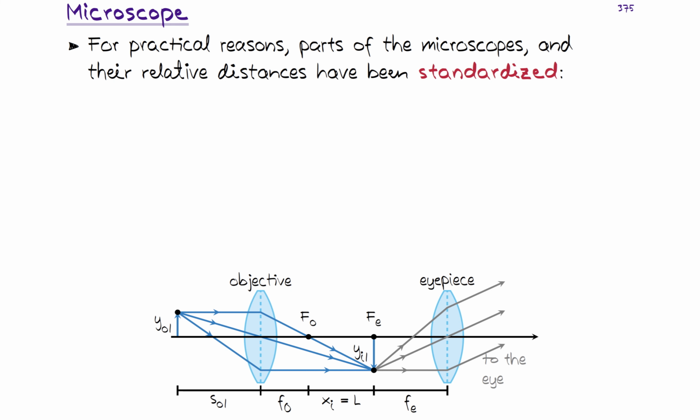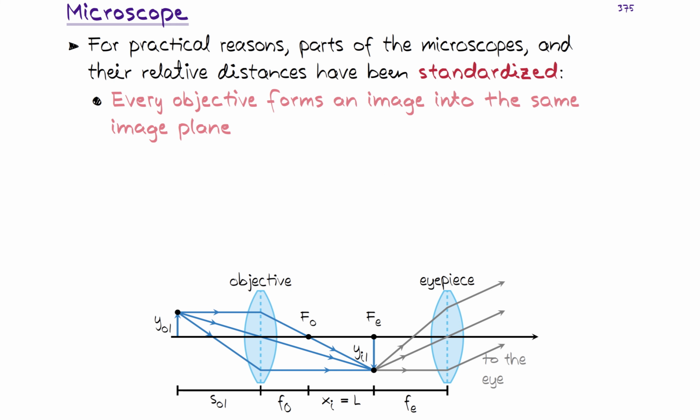This is the main thing that needs to be done in order for us to be able to change the objective lens and not touch the eyepiece, so that in a few seconds we can switch to a different objective lens that, for example, has a different transverse magnification, so that we can see either a fine detail of our specimen or the whole specimen in one go.